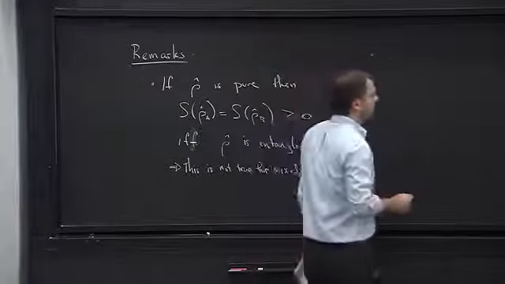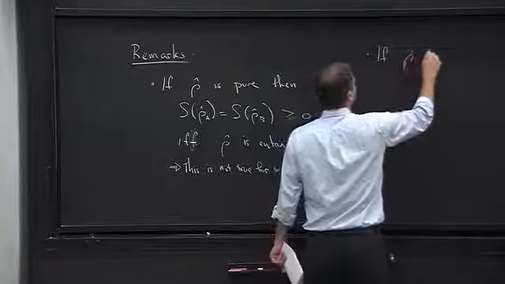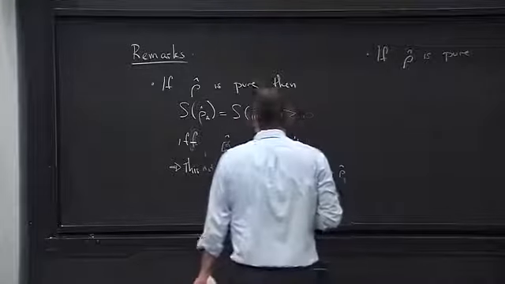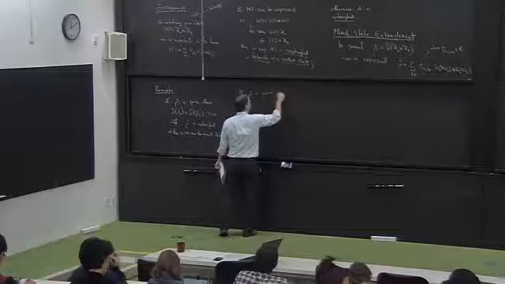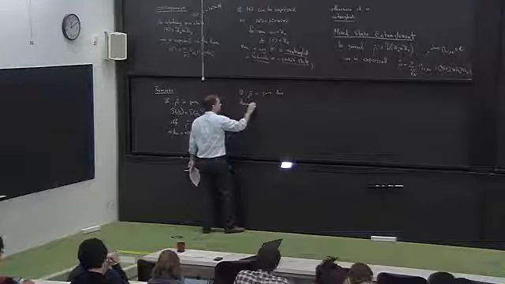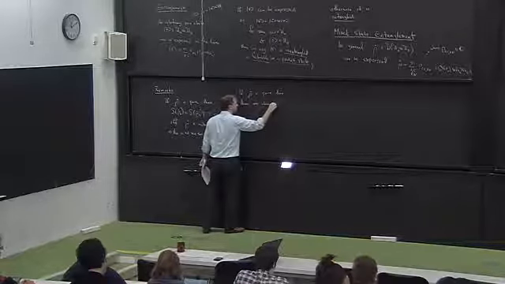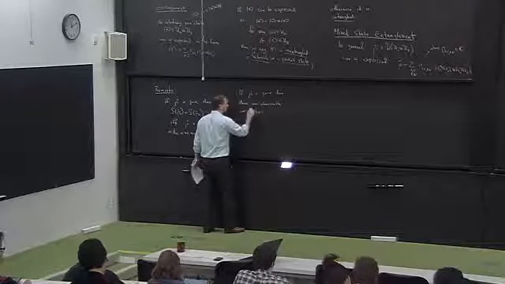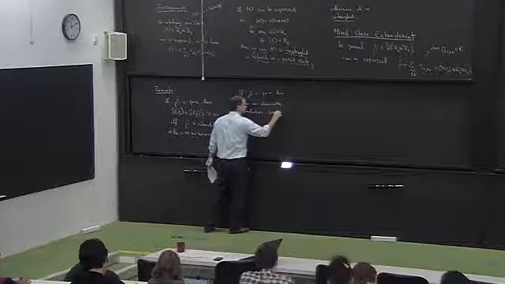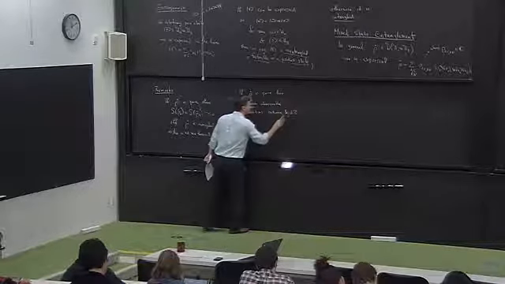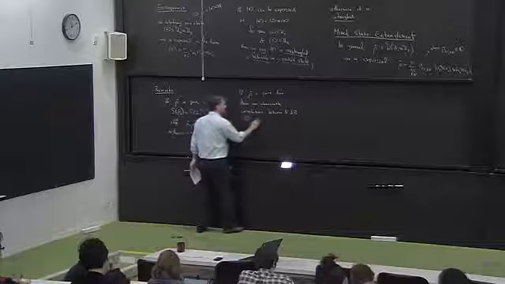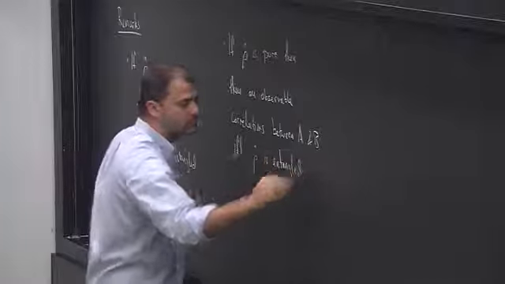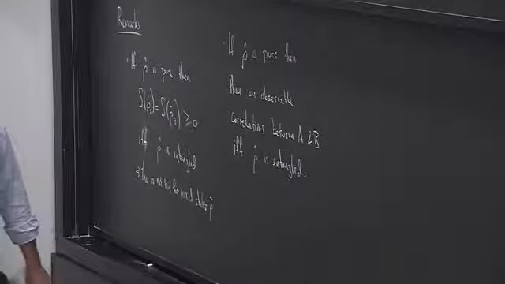I also want you to notice that if rho is pure, then there are observable correlations between systems A and B if and only if rho is entangled. Let me just tell you what I mean by a correlation.